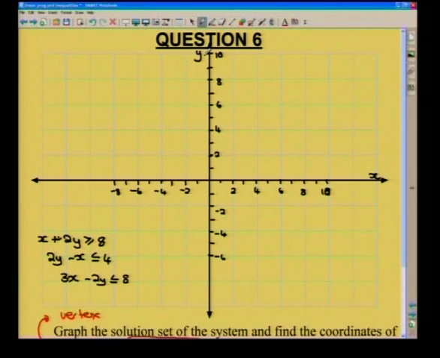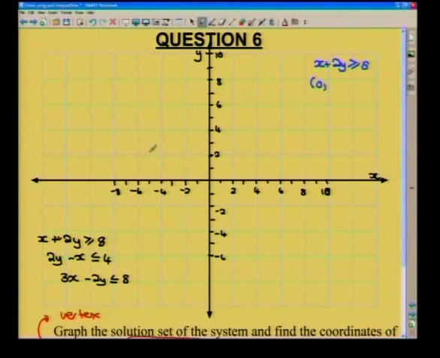Right, so let's look at the first graph. The first graph is x plus 2y greater than or equal to 8. Right, so now if I look at that one, I can decide to do it in any of the methods, but I'm again going to use my shortcut. So I'm going to say if x is 0, effectively I block the x off, y would equal 4. And if y is 0, so now I block that off, the x would equal 8.